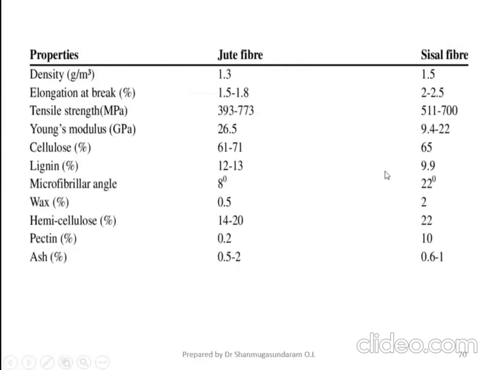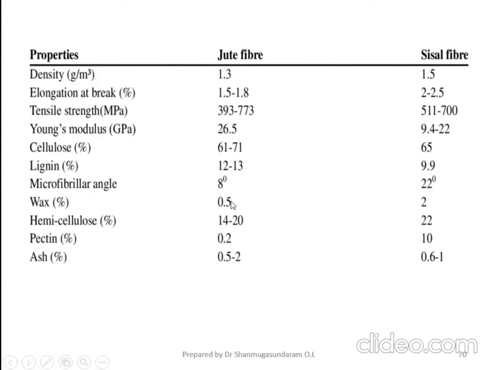So please look at the slide. These are all the properties of your jute fiber. Density, elongation at break, tensile strength, which is expressed in megapascal. Young's modulus, which is expressed in gigapascal. Cellulose 61 to 71 percent. Lignin content 12 to 13 percent.